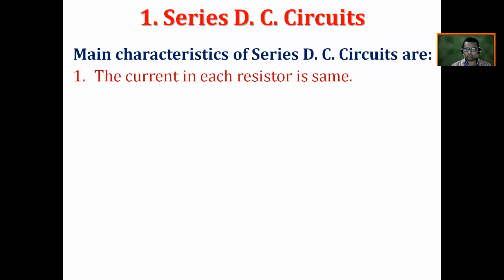Number one: current in each resistor is the same. Because in the definition itself we say that there is only one path for the flow of current, so the same amount of current will flow through all the series resistances. This is the first main characteristic.